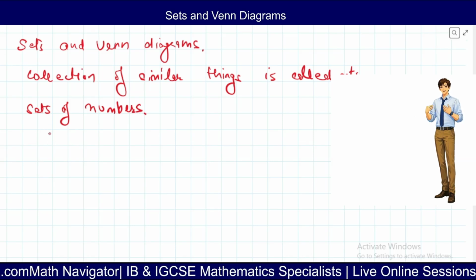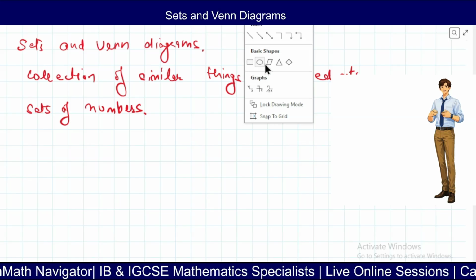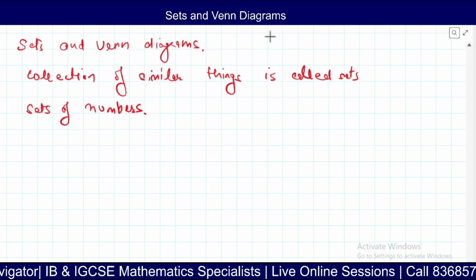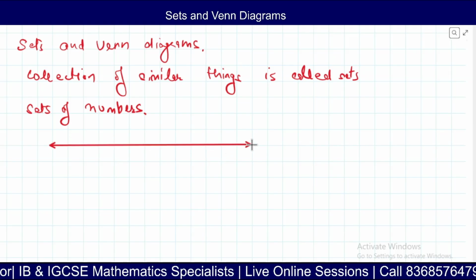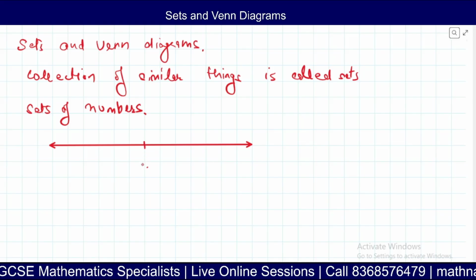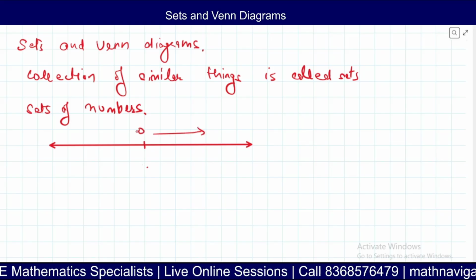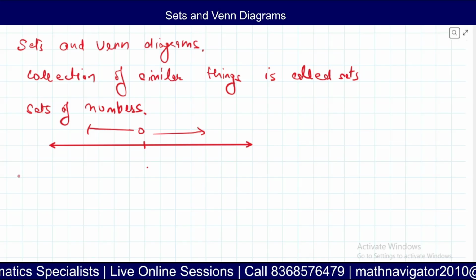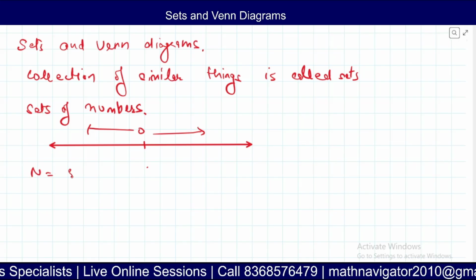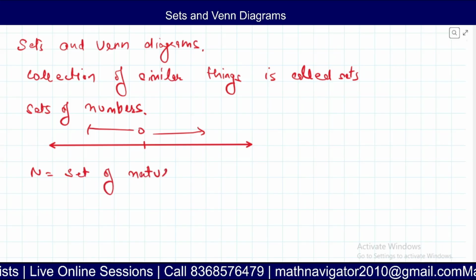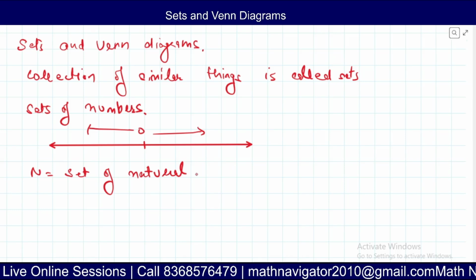So let's say this is my number line. Let's make the number line first, right? So this is my number line, and this is 0, and this is the number ahead of 0, and this is the number below 0, right? So N is equal to the set of natural numbers.